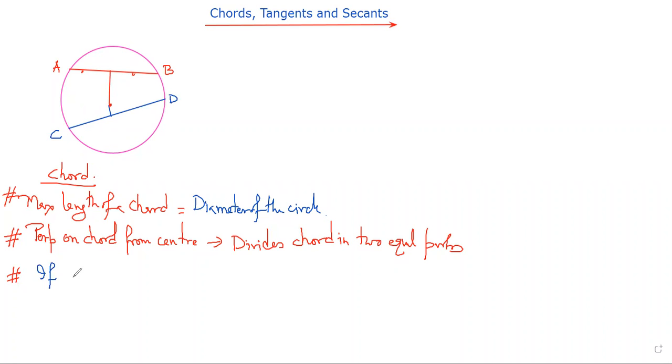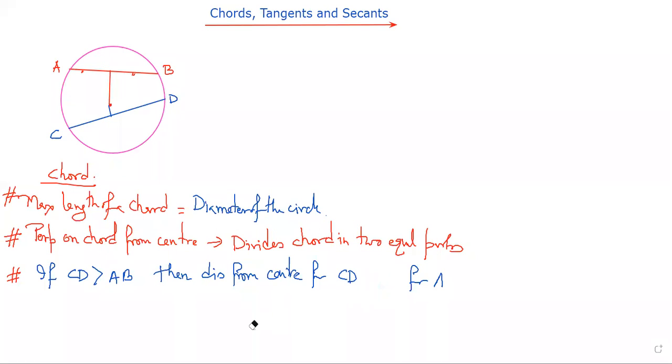If CD is more than AB, then the distance from center for CD is greater than for AB. No, if CD is more, it would be reverse.